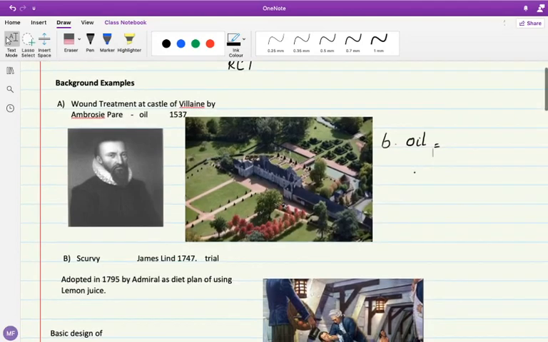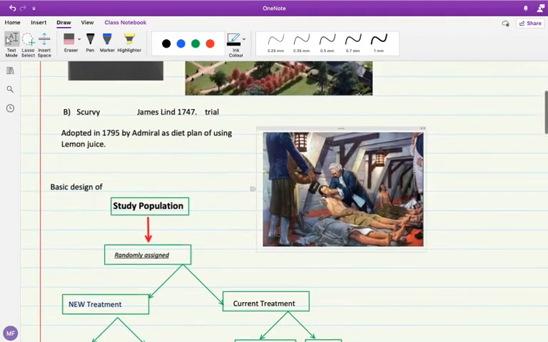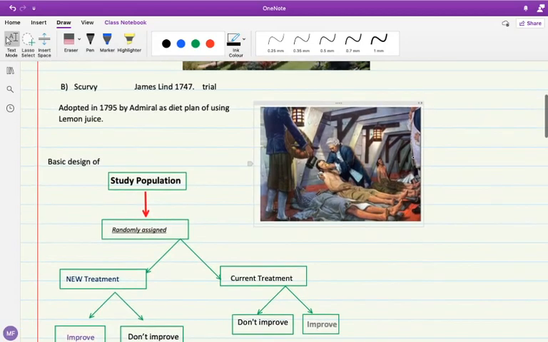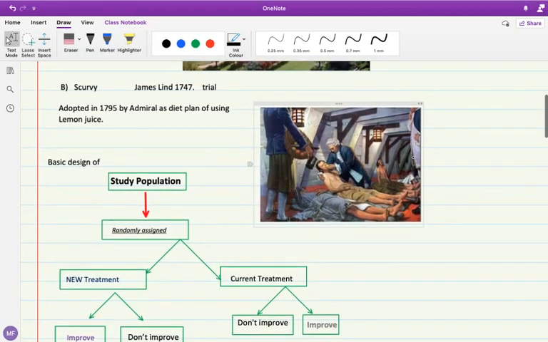In continuation of the same example, there is another interesting example observed in the UK. In Great Britain, a physician named James Lind conducted a trial against a disease called scurvy.